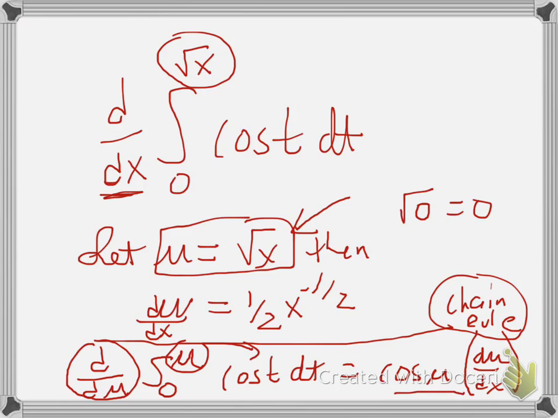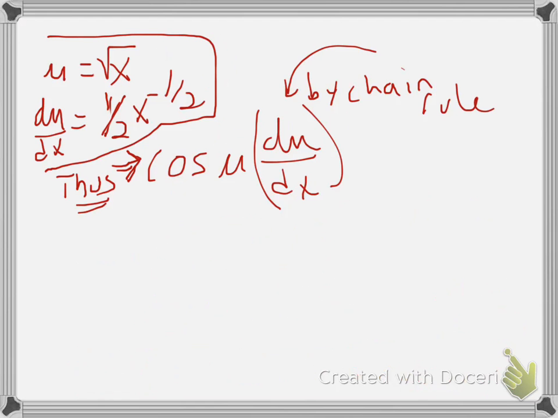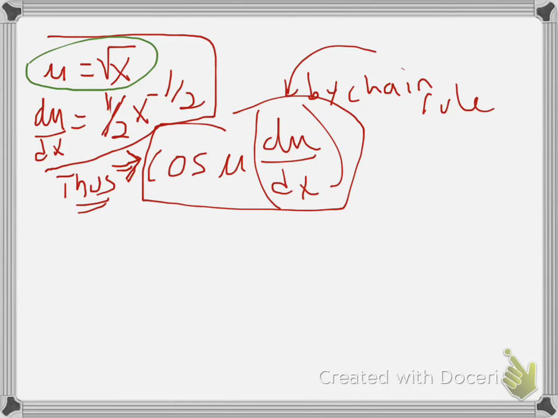Now the thing is, that's beautiful, but it's still not totally with regard to x. So cos u du dx. Now go ahead and sub back everything that you know. Okay, so I wanted to move to another slide. So here we are at d du of integral of 0 to u of cos t dt is cos u times du dx. And then in the next slide, cos u du dx, we're ready to put things back in terms of x. U was equal to the square root of x.